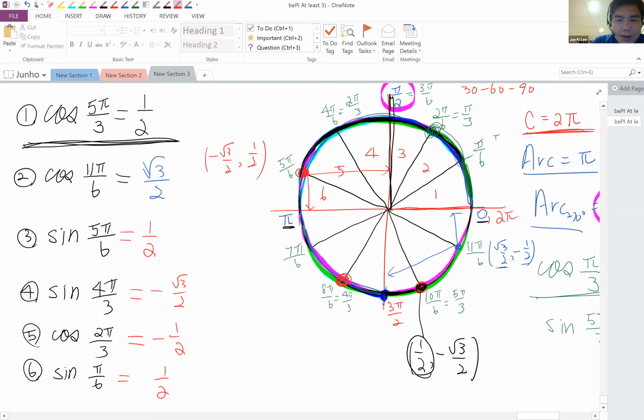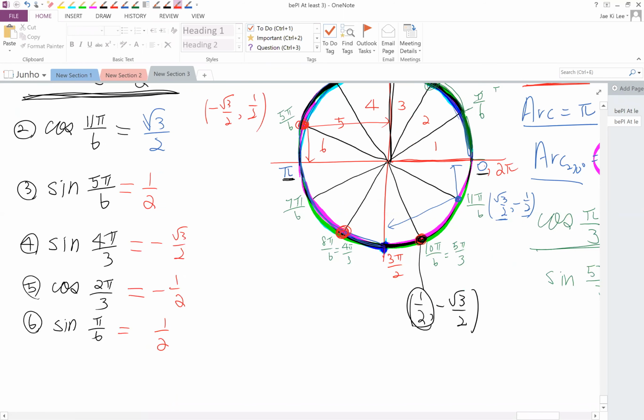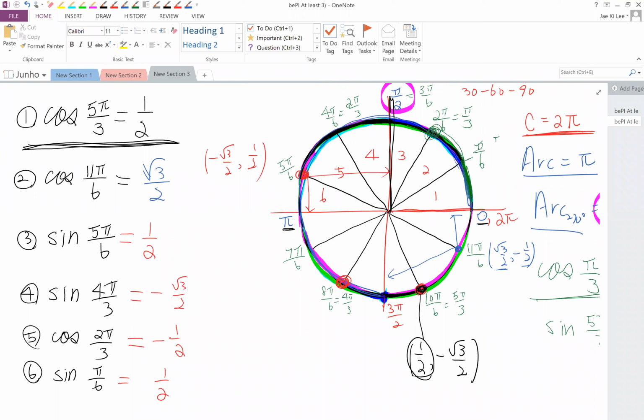Now, any question? How can we conclude this method?